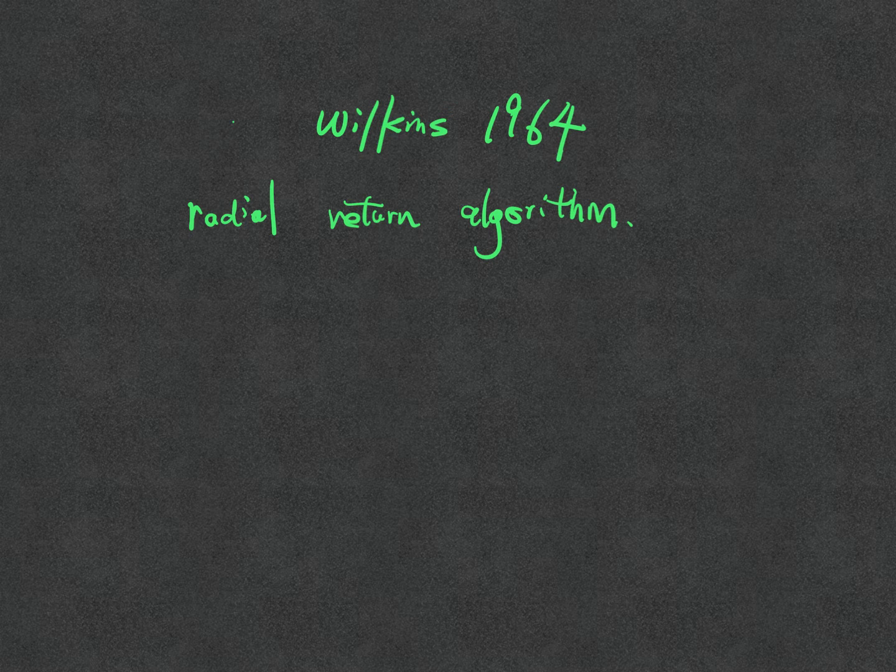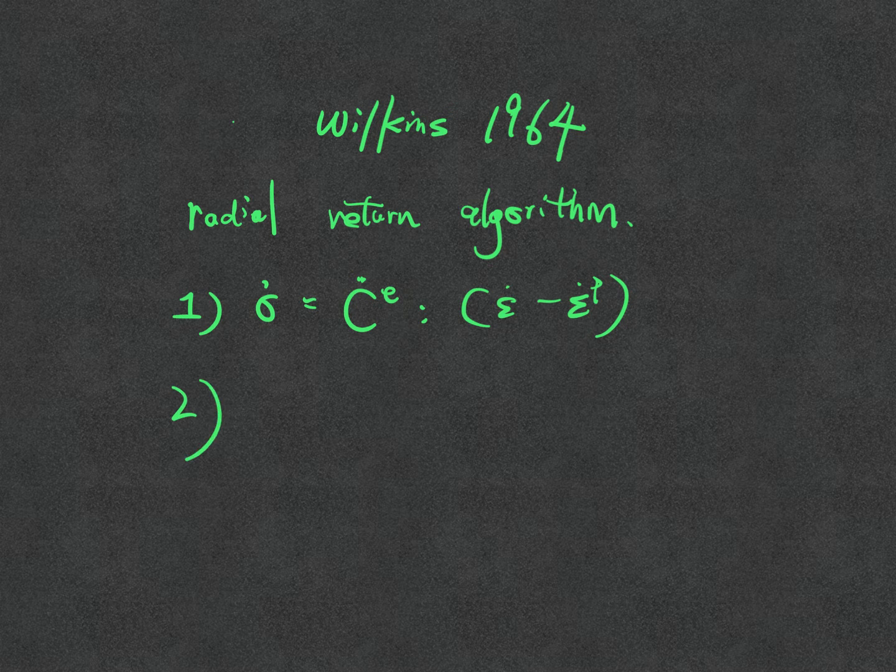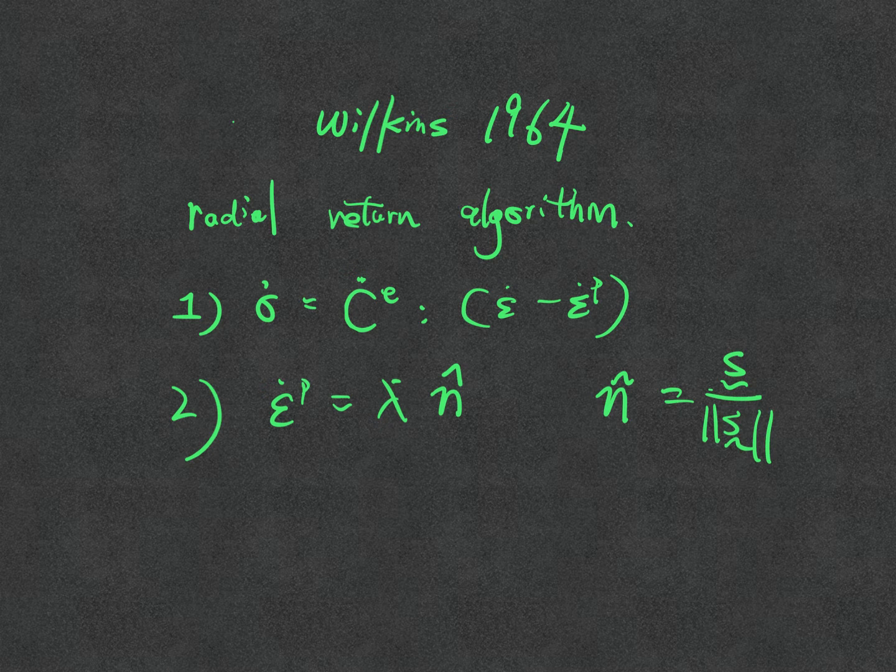What does it do? I will just list all the ingredients there again: the partition of the elastic and plastic parts, and the stress increment only related to the elastic part, and the plastic flow direction, where n is nothing other than the normalized version of the deviatoric stress.